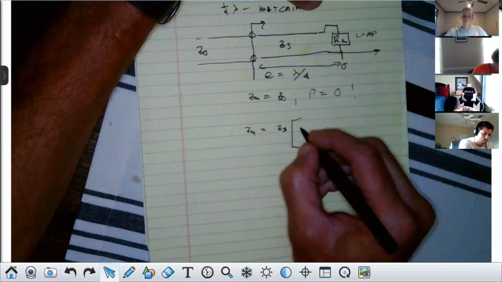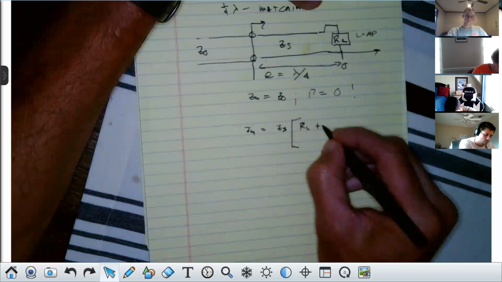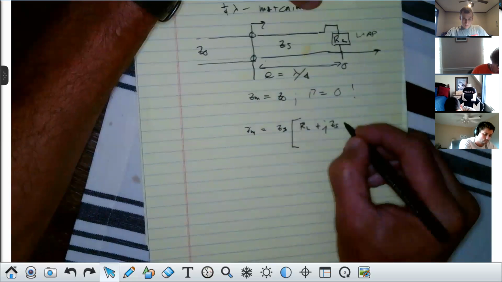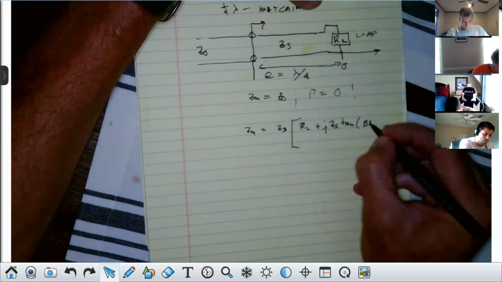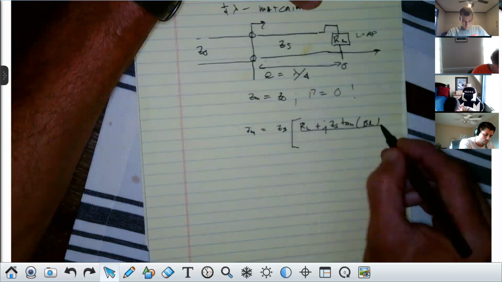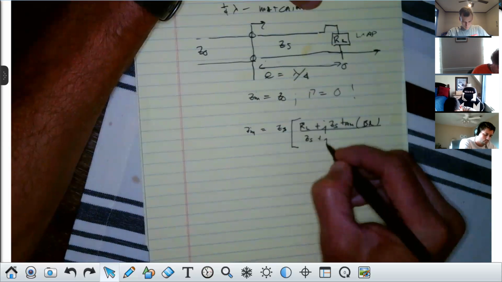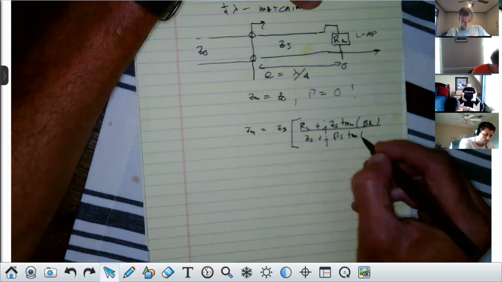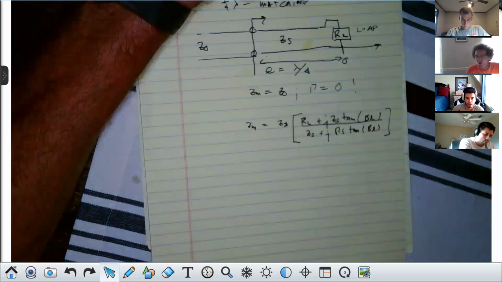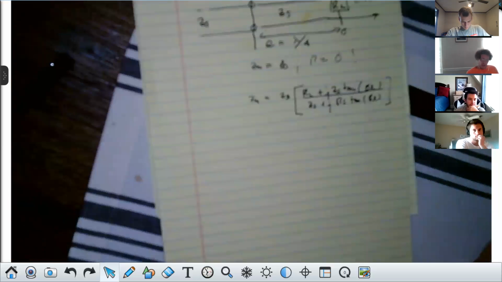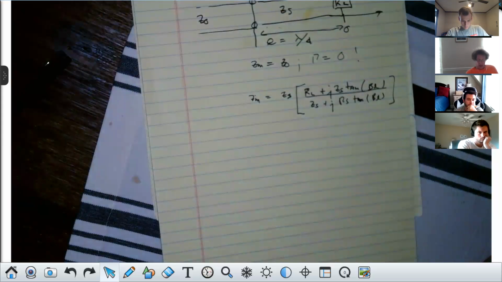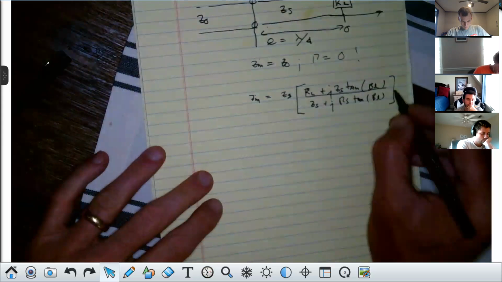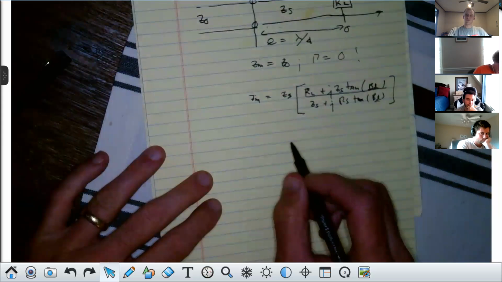Well, the load impedance is just RL, it's strictly real, plus j ZS times the tangent of beta L, where L is the length of the line, over ZS plus j RL times the tangent of beta L. And I just rewrote the input impedance equation. I replaced Z naught with ZS and Z load with RL. It's strictly real. Can everybody see this okay? You got me?